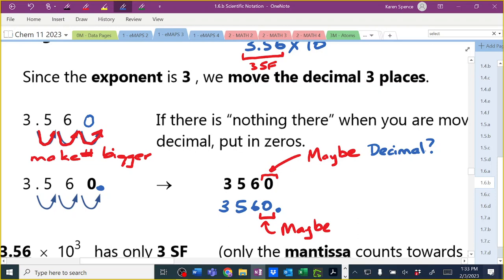And in the top number, the answer is no. So is that 0 significant? The answer is no. So that one is not significant, but these 3 are. So this number here would have 3 sig figs.